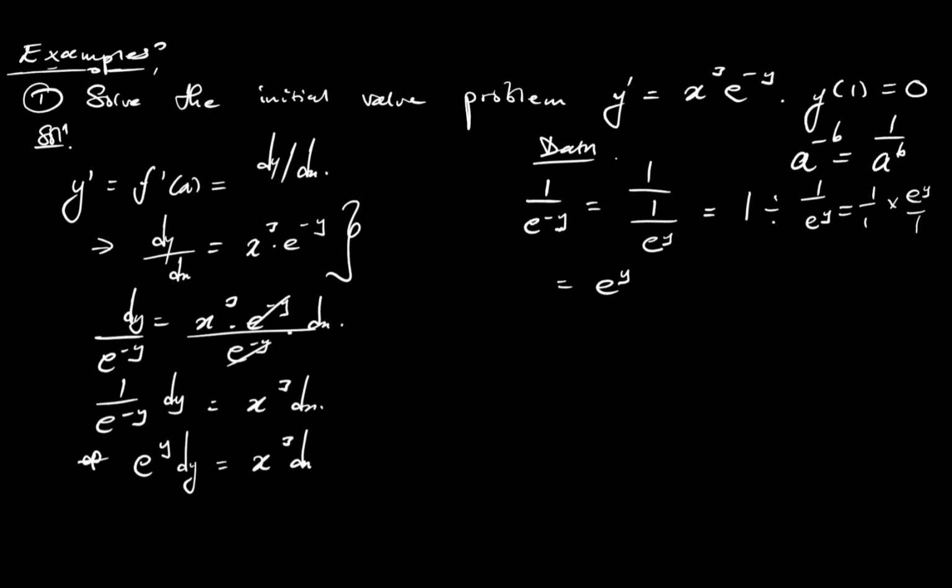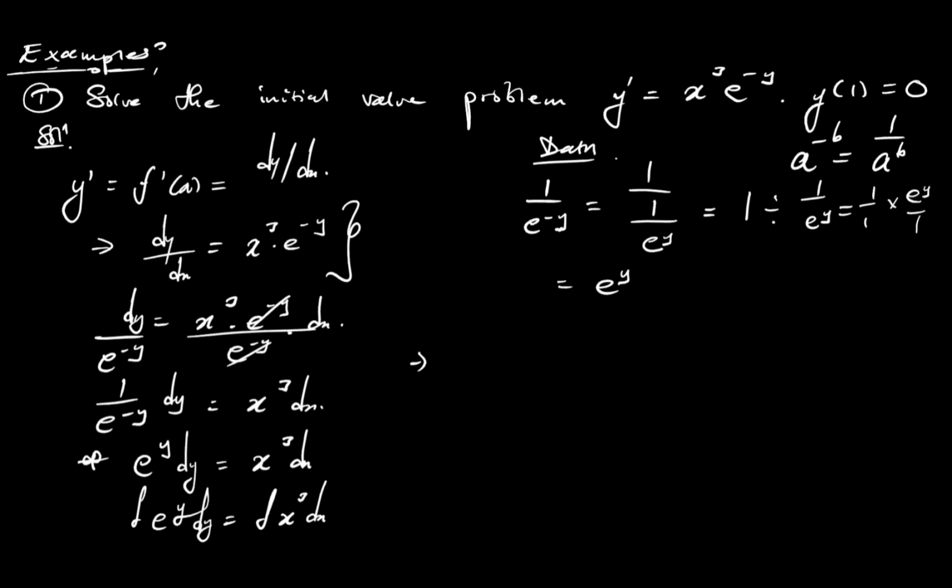Now, once we separate the variables, the next step is to integrate both sides. Applying the integral sign, we have the integral of e to the y dy equal to the integral of x cubed dx. Now, if I apply integration on one side, what am I going to get? What is the derivative of e to the something, and what is the integral of e to the something?